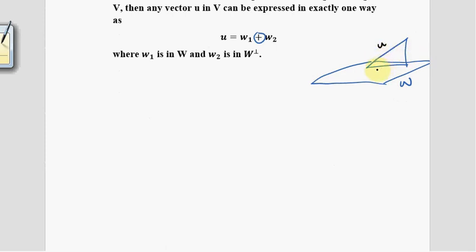And this is W1. This is W2. W2, obviously, is in the orthogonal complement of W, right? It's perpendicular to W. So there could be some angle. Here we won't deal with the angle because we're going to keep everything algebraic by only focusing on the vectors.